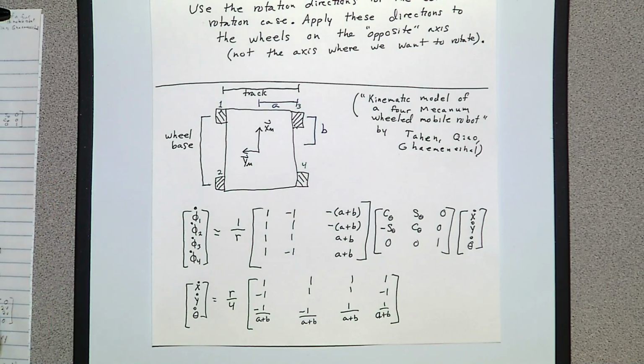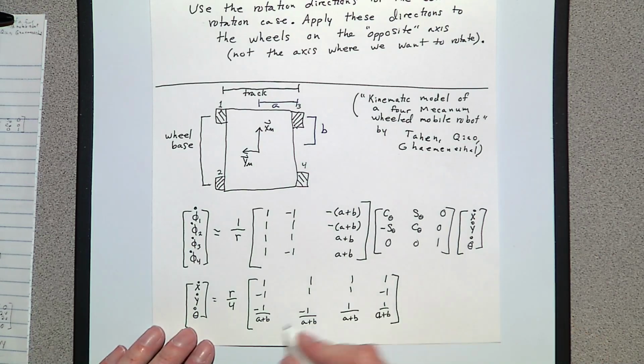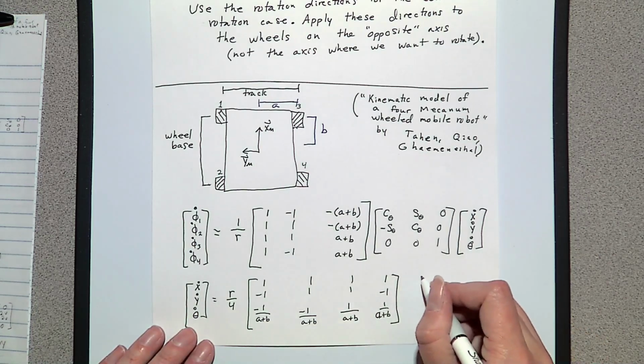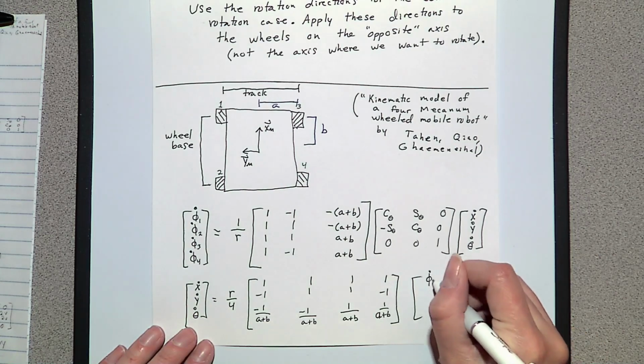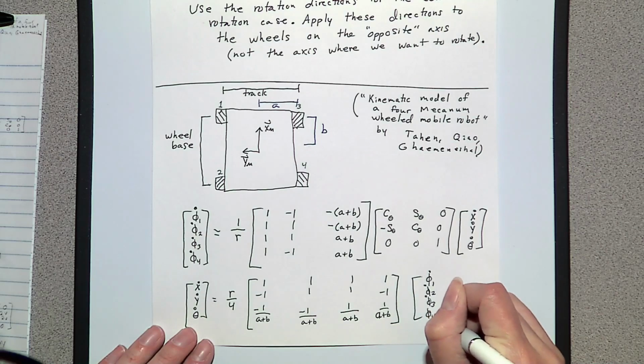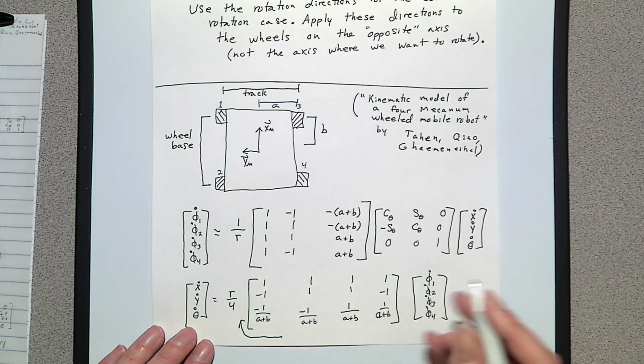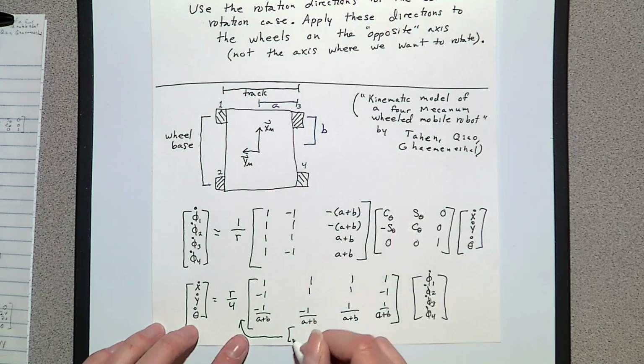It's an inverse, so that should have been here. Just a moment here. My apologies. And here should have been the inverse of this matrix: C theta, S theta, 0; minus S theta, C theta, 0; 0, 0, 1.